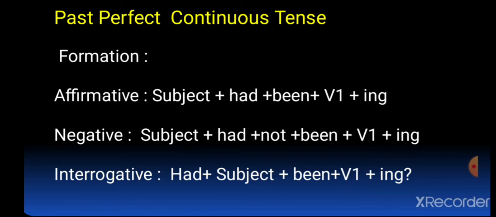To form a negative one, subject plus had plus not plus been plus the first form of the verb plus ing. It means in negative sentences, not is introduced between had and been. Remember, between had and been we use not to form negative sentences. Next one, interrogative sentences: had plus subject plus been plus the first form of the verb plus ing.